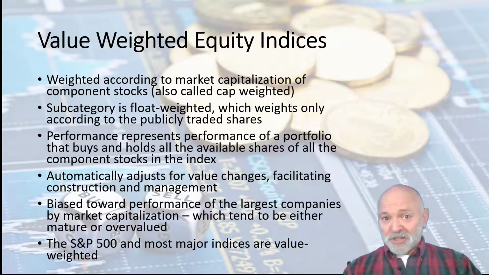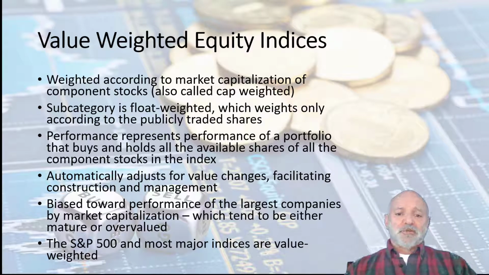The overall performance of the index represents the performance of a portfolio that buys and holds an equal value of each of the companies that are on that particular stock. And it adjusts automatically for value changes, any changes in repurchases or extra issues of shares are automatically part of that adjustment. It tends to be biased towards the performance of the biggest companies that are in that index.